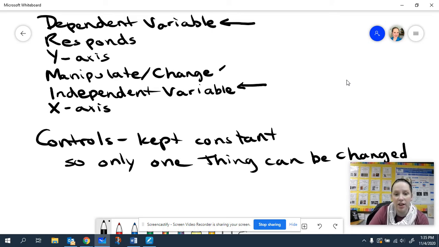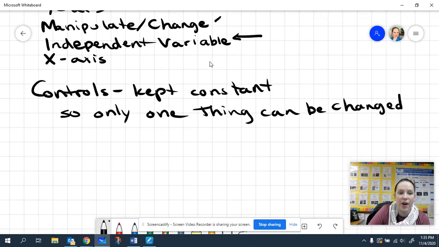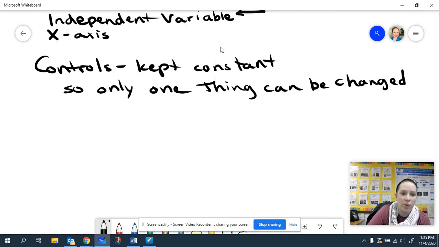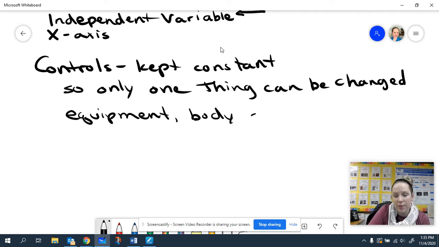So you should think of several things. So making sure you have the same equipment could be part of this. So you can list that out. The same body size, if we're talking about this, unless that's what you're measuring. So anything that's going to be kept the same so that the only thing being experimented on is what you intended it to be.